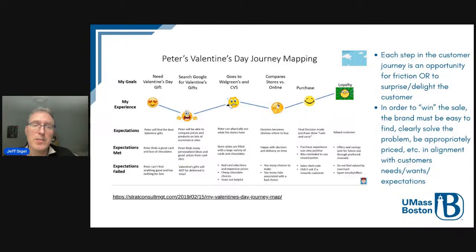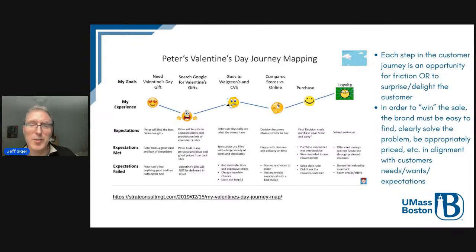But if the expectations are not met, he's going to find Valentine's gifts that aren't going to be delivered on time or are way out of his budget. So you can see each step of the way, he has certain expectations. And the question is, whoever can meet those expectations is going to get his dollars.